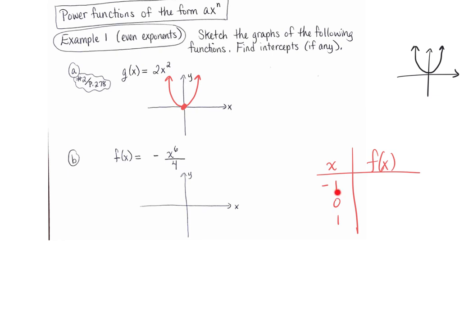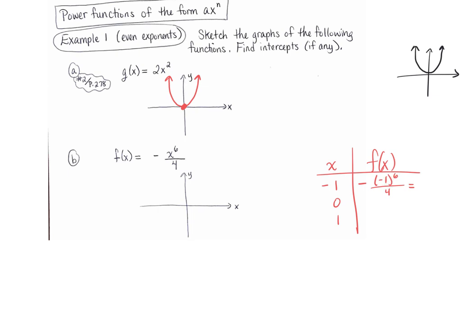So when x is -1, you substitute -1 here. Notice that you have that negative on the outside, and then you have -1 to the 6th over 4. -1 to the 6th is 1.